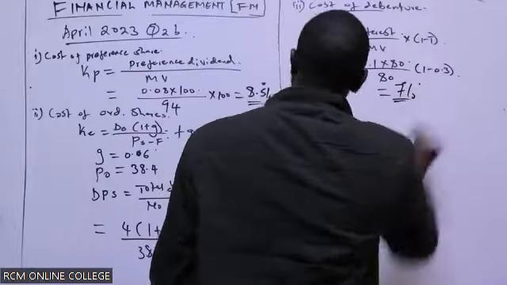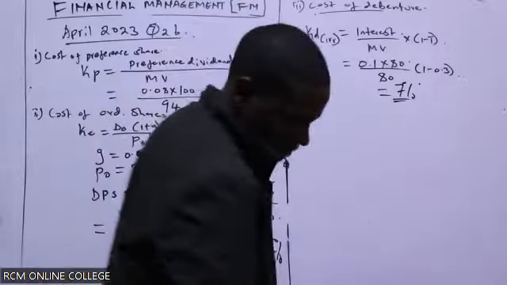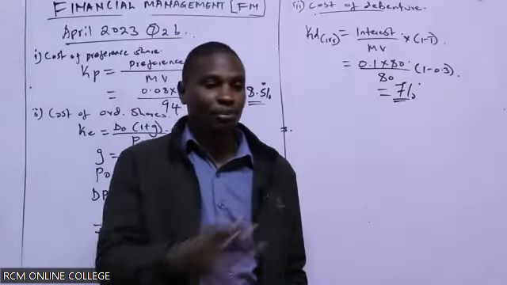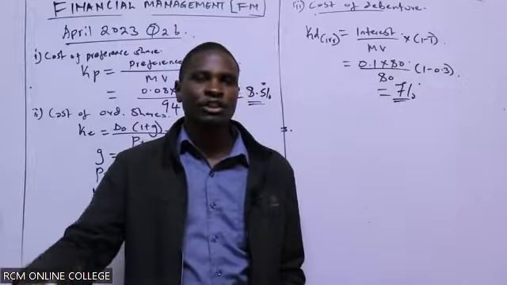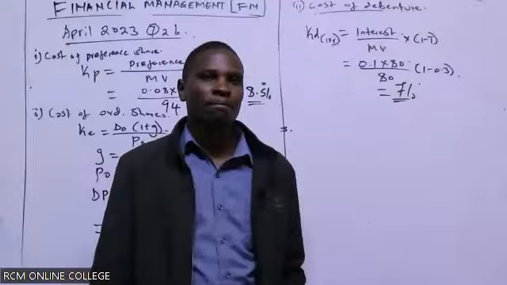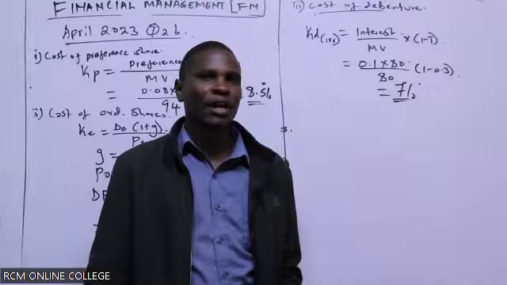Now I have my cost of the third. Why didn't I look at the cost of retained earnings, and it is provided? Cost of retained earnings.